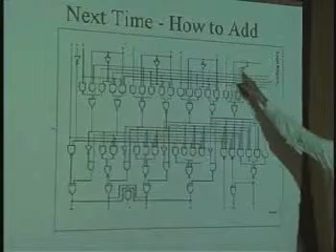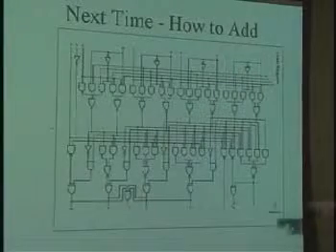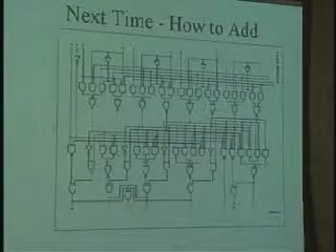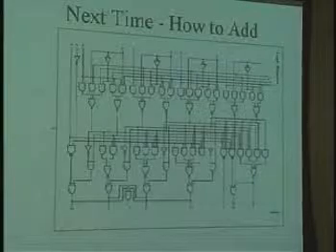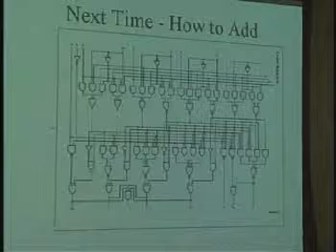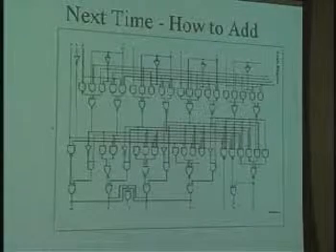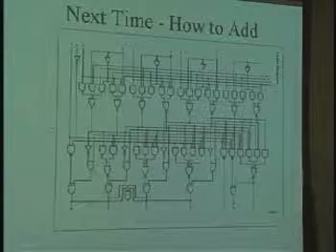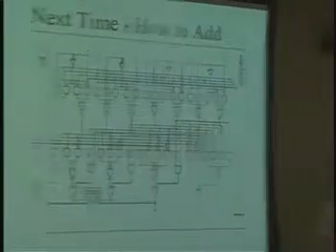And these are NOTs up here. And we're going to talk about how you can look at a picture like this, and by the end of the class, you will understand exactly how this thing works. And you'll be able to tell your friends just how it works. And this is a 4-bit one, but it works the same way no matter how many bits you are trying to do. So that's going to be the lecture next time.